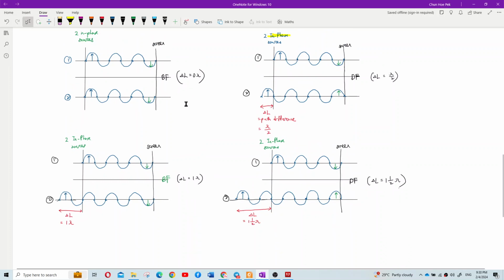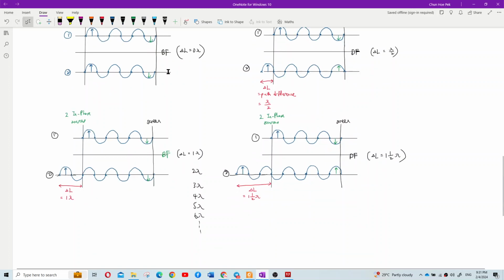When the delta L is 0 lambda, 1 lambda, and then what's the next one? 2 lambda. I just didn't draw it, but you can predict it. 3 lambda, 4 lambda, 5 lambda, 6 lambda, and so on.